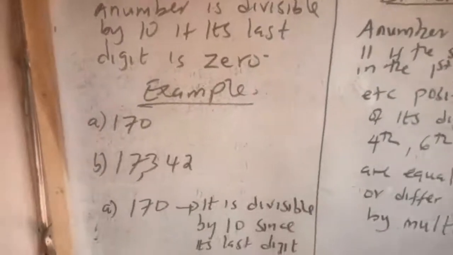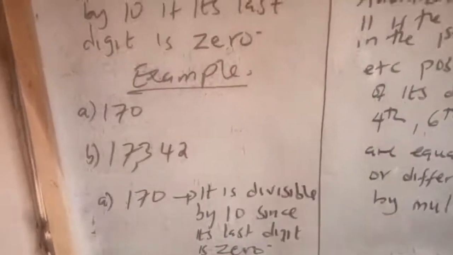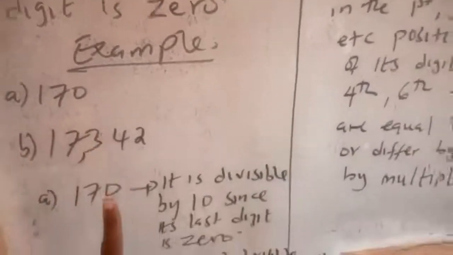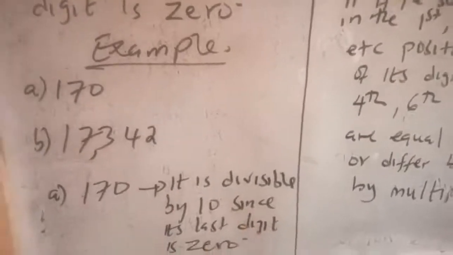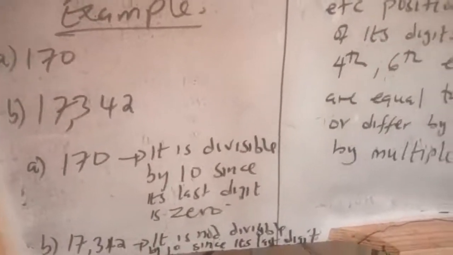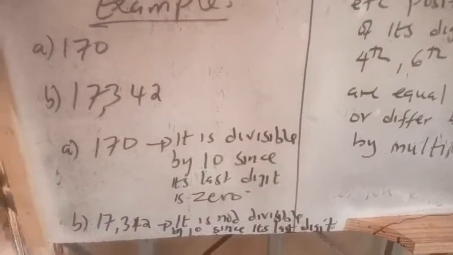As far as 170 is concerned, the last digit is 0, and therefore in our conclusion we can say it is divisible by 10 since its last digit is 0.